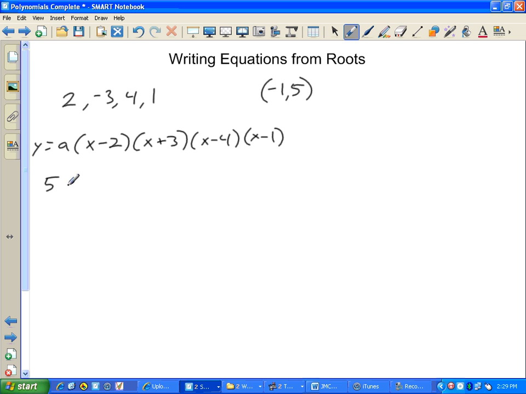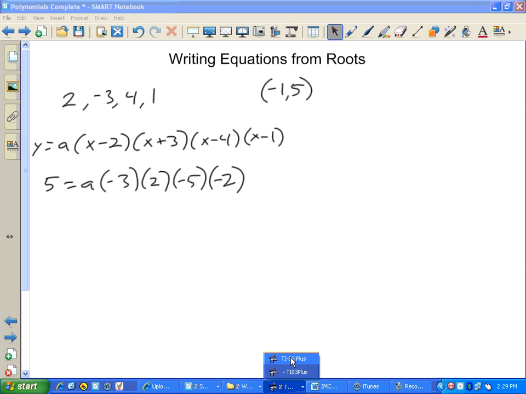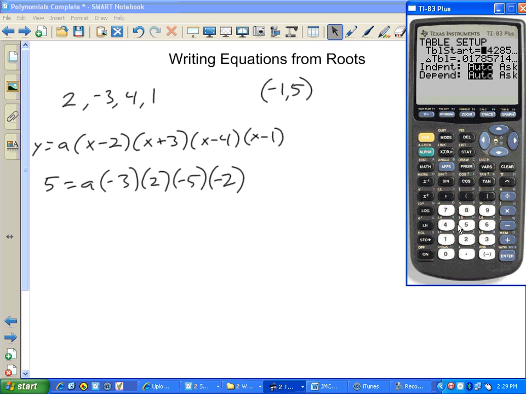So I would have 5 equals a times, put -1 in here, I get -3. Put -1 in here, I get 2. -1 in here, I get -5. -1 in here, I get -2. Multiply all these out. Let's bring my calculator up again. -3 times 2 times -5 times -2.